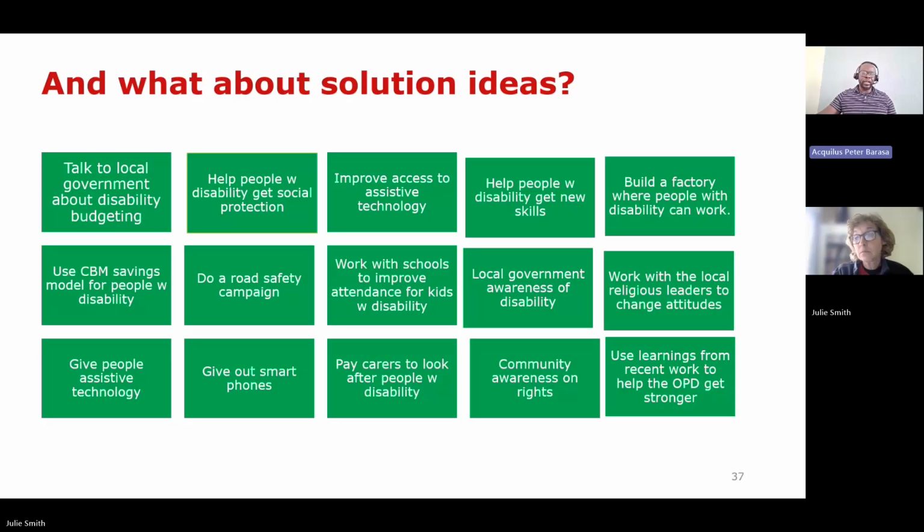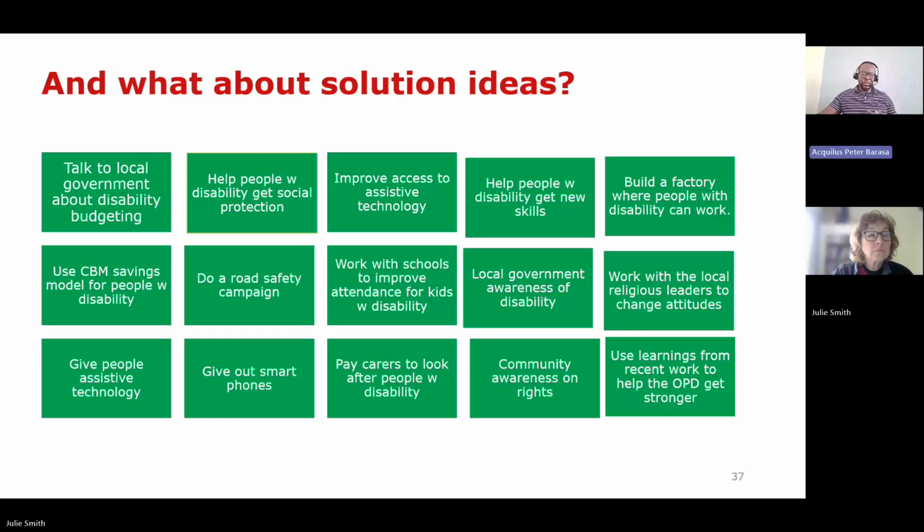So when we ask, well, what about some of the solutions, ideas that came out of the consultations? Here are some of the solution ideas. Talk to the local government. So that is one of the solutions. Talk to the local government about disability budgeting, help to get social protection.